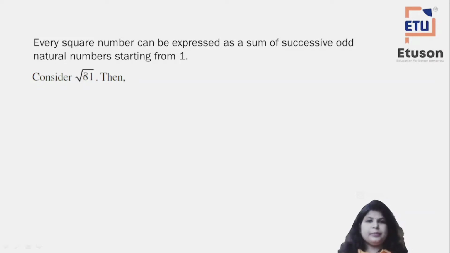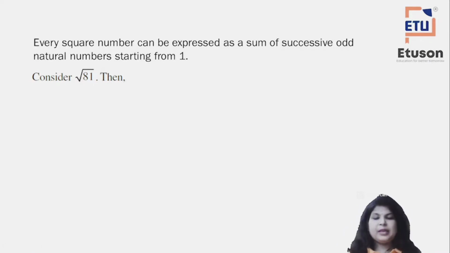So, every square number can be expressed as the sum of successive odd natural numbers starting from 1. So, using this concept, how do we find out the square root of a number? Let us understand. Okay? We know that 81 is a perfect square.